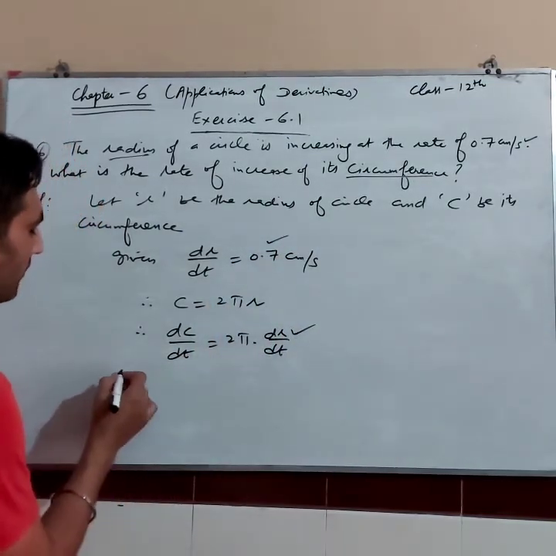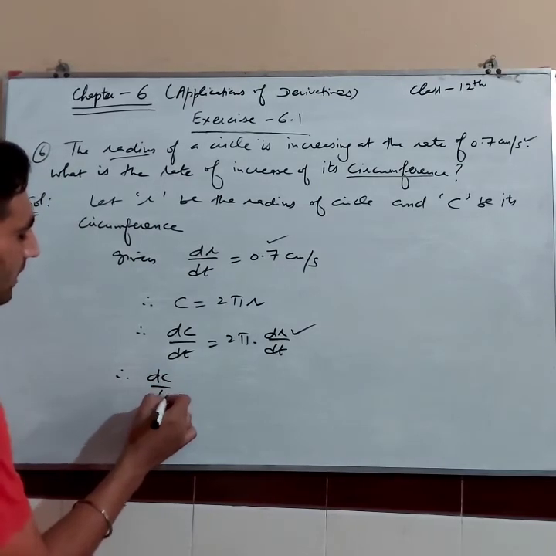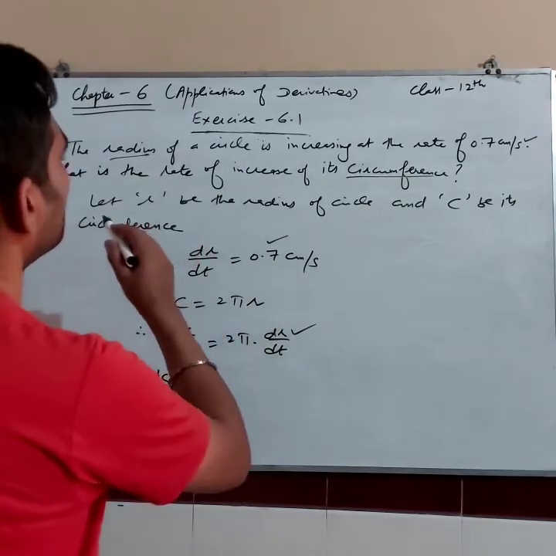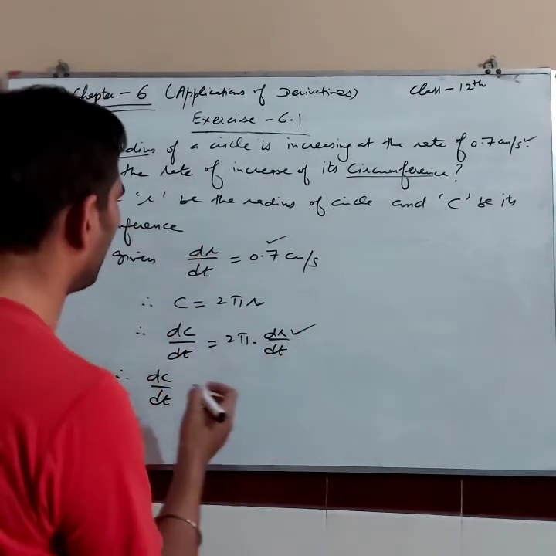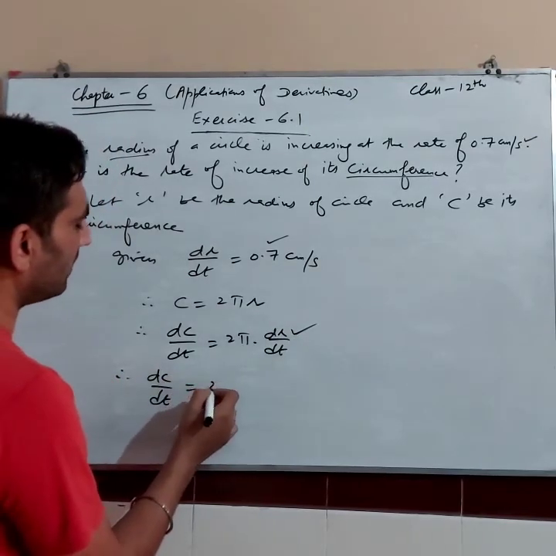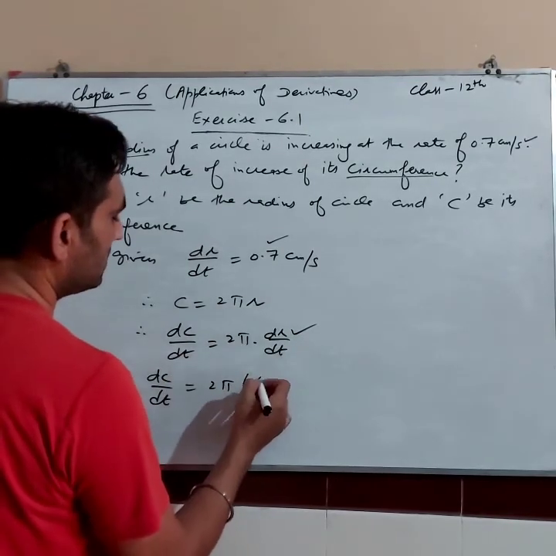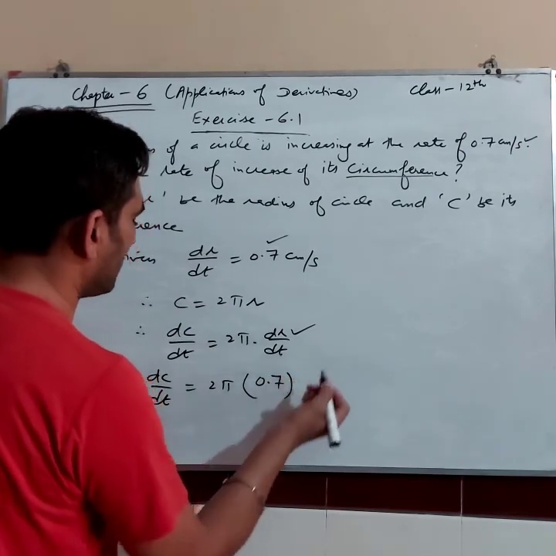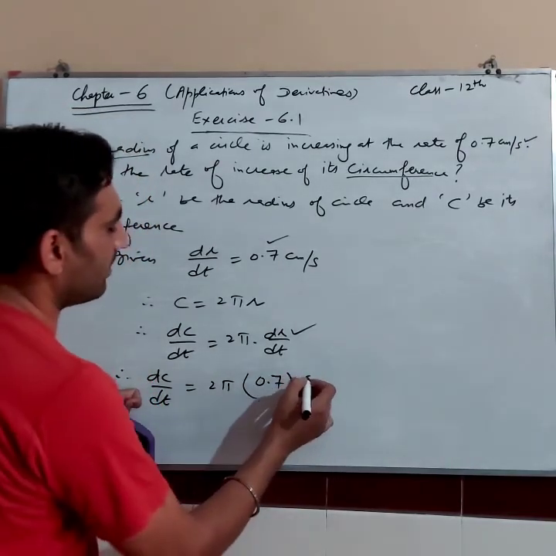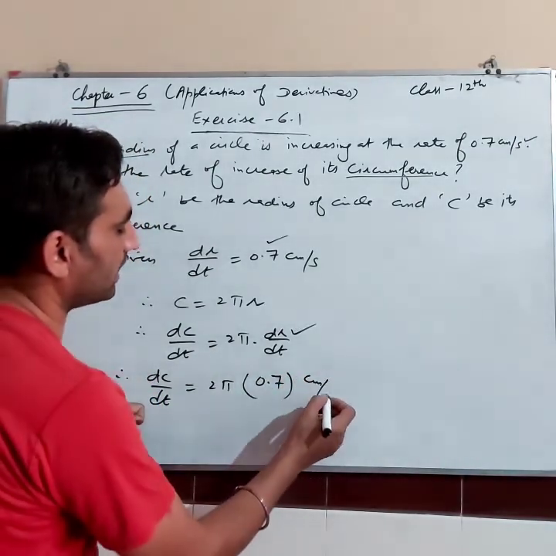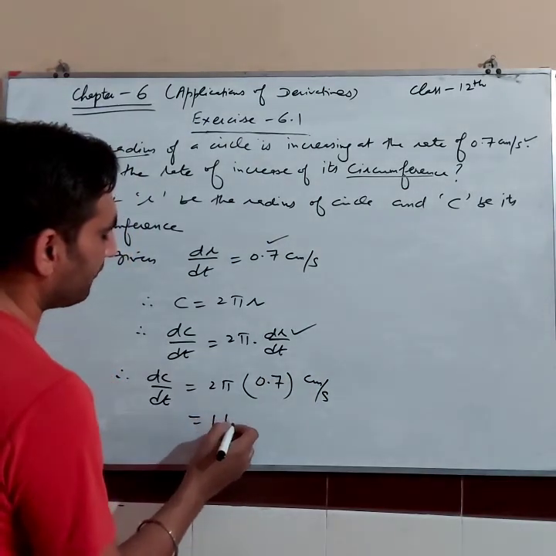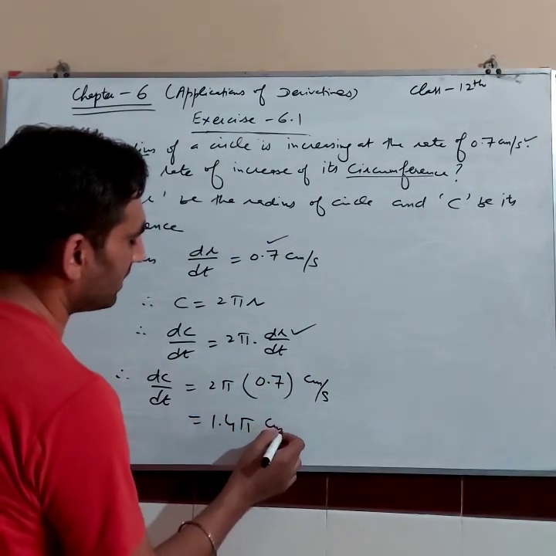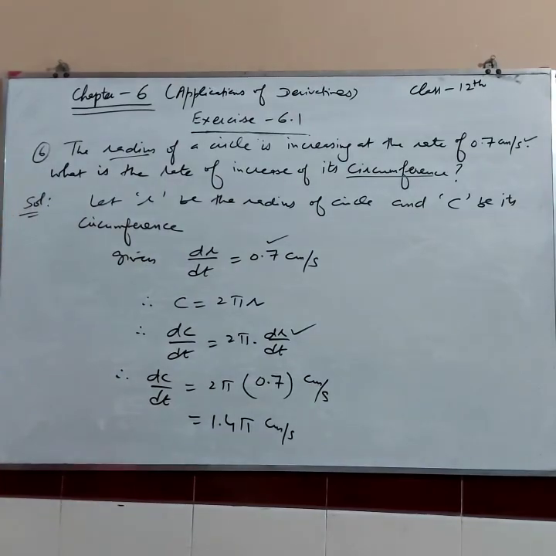So therefore dC over dt, they have asked what is the rate of increase of its circumference, will be 2 pi into 0.7 centimeter per second, but circumference is in centimeters, so the same unit per second for the time. So it will be 1.4 pi centimeter per second. So this was our question number 6.